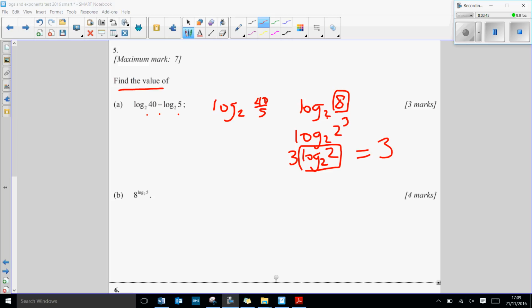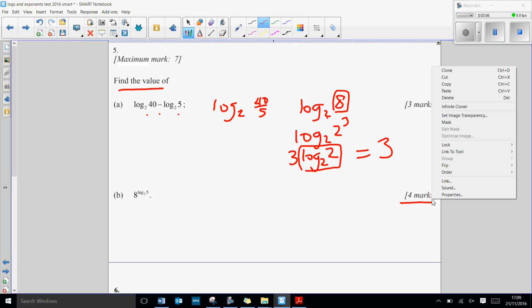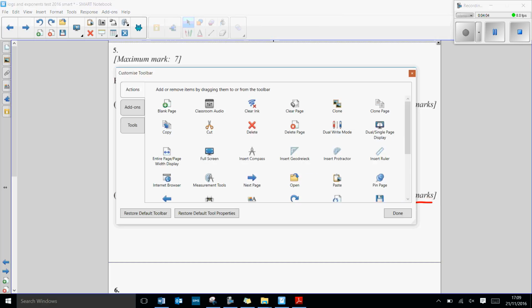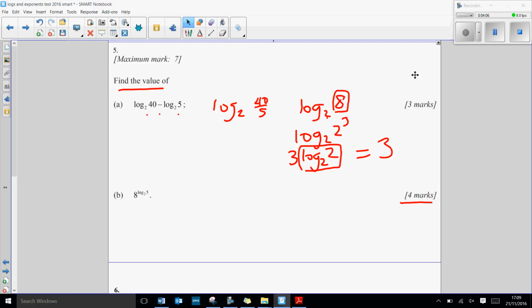So this next one is a little bit more challenging, but note it is worth 4 marks, so it does indicate that it's perhaps a little bit more work. We can see that the log statement up here is to the power of 2, so ideally again we're changing the 8 to be a power of 2, so we're going to change this to be 2 cubed to the power of log base 2 of 5.